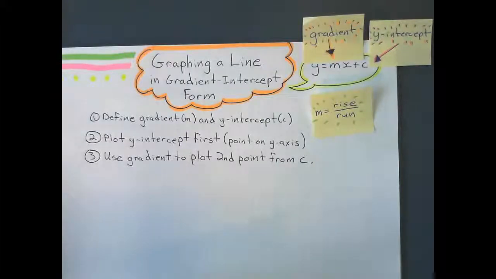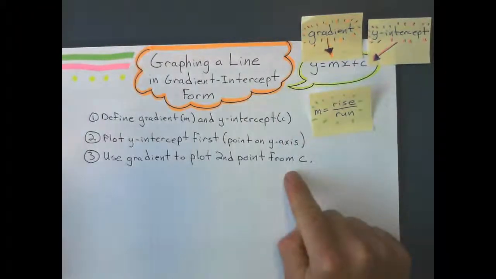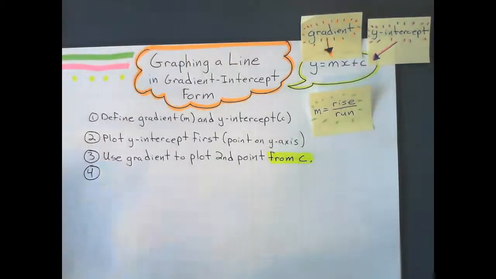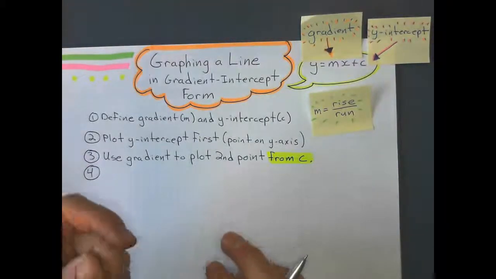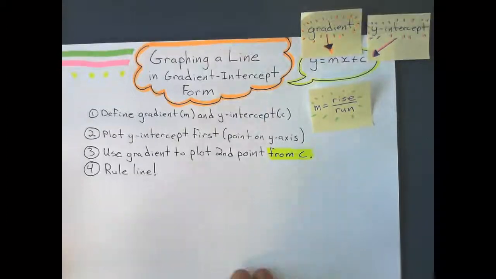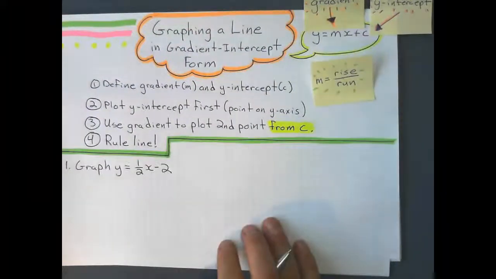So that second point we plot is from the first point we plotted, not from 0 or anything. The first point we plot is the y-intercept, and the second point is going to be from that y-intercept. And the fourth step is, once we have those 2 points that define a line, we rule the line.